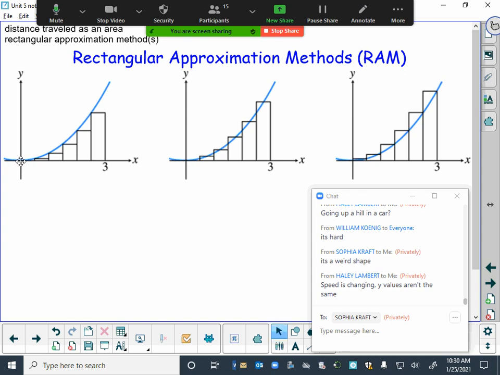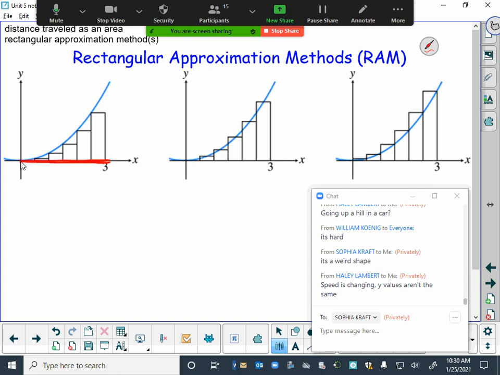First of all, I have a choice of how many rectangles I should make. If I only make one rectangle, then my rectangle would be 3 units long, and I would have to decide how tall I want to make it. Any thoughts?